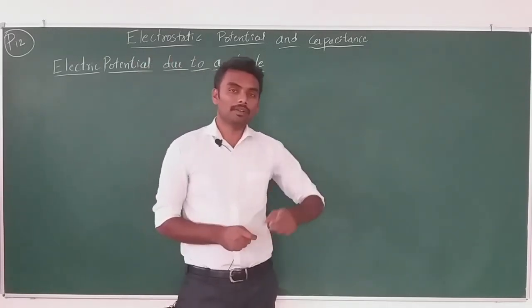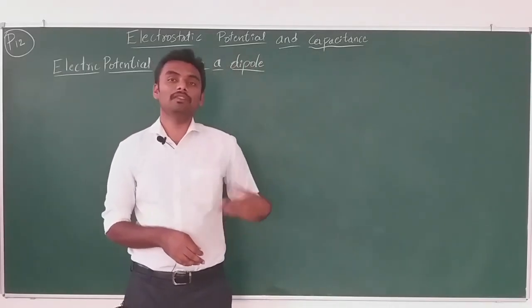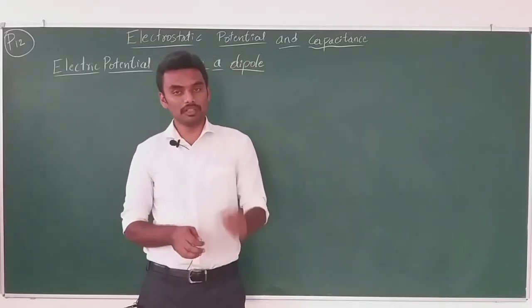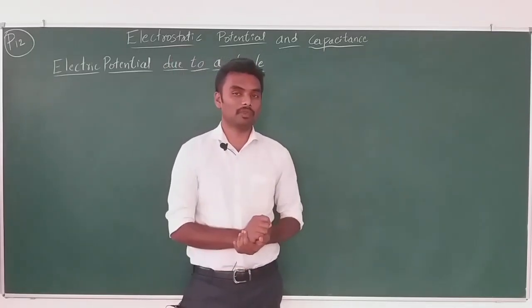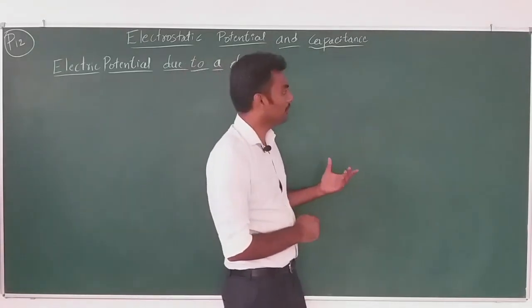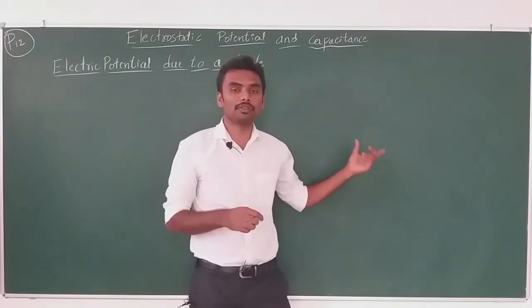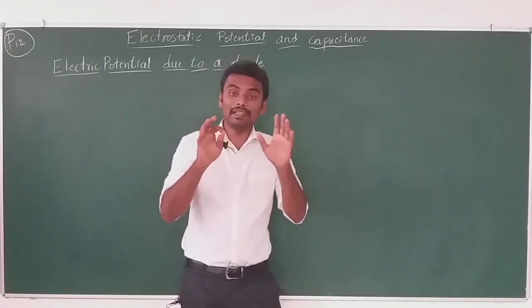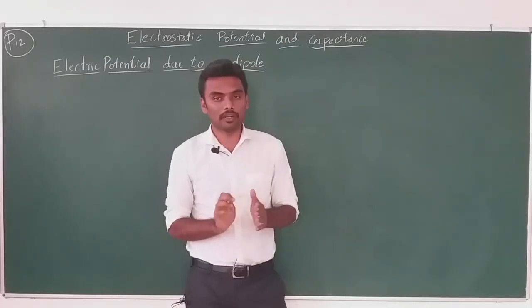So, now we are going to consider a dipole and find the electrostatic potential due to that dipole. But unlike in the previous case, now we are going to get the expression for the potential due to the electric dipole at any random point in the region surrounding it.